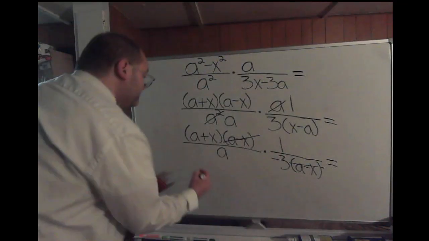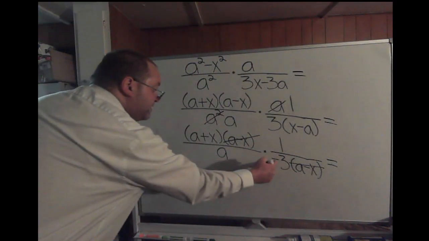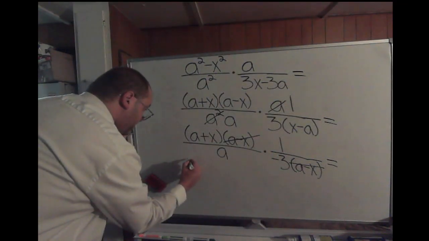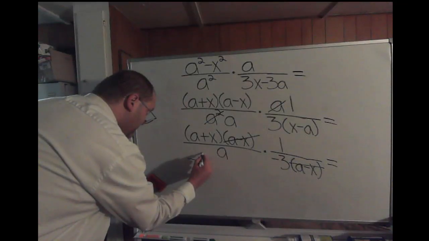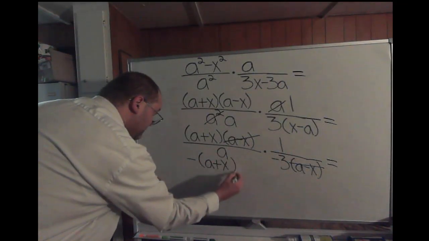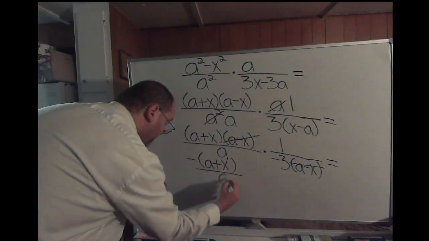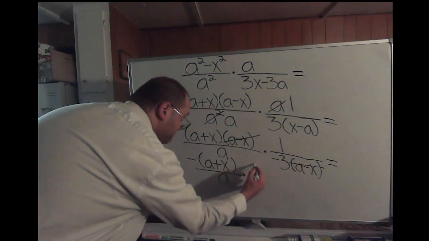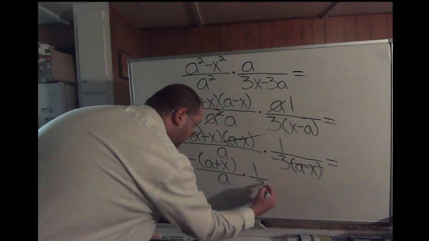What you're left with now, we can move the negative sign to the numerator. You would get negative of the quantity of a plus x all over a times 1 all over 3.